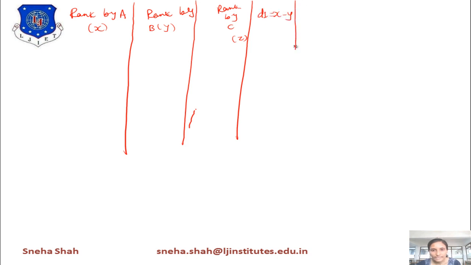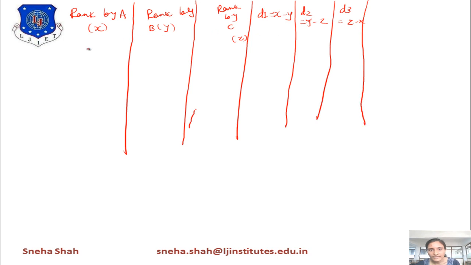Similarly, we will find the value of d2 as the difference between y and z, so y minus z gives the answer d2. Similarly, we will find the d3 value as z minus x. And at last we will find the values of d1 square, d2 square and d3 square.